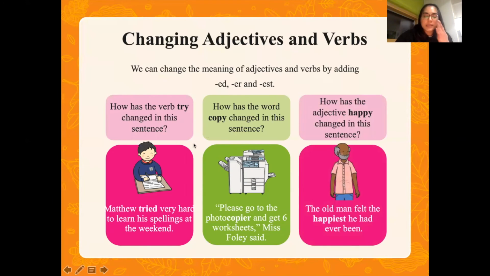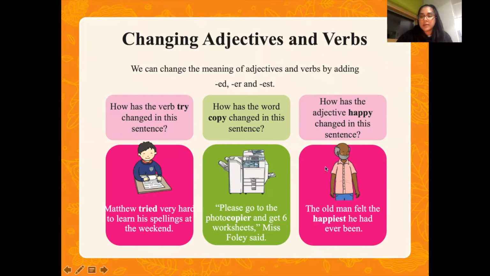Well done. Okay, so with the word try, all that's happened is the Y has been taken off and it's been replaced with an I, and then ed is added on. In this case, with copy, the Y has been taken off, I has been added, and then the suffix er has been added.